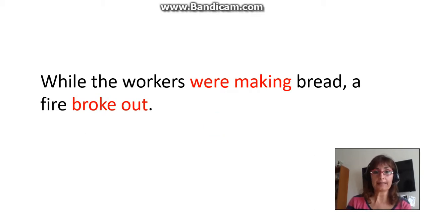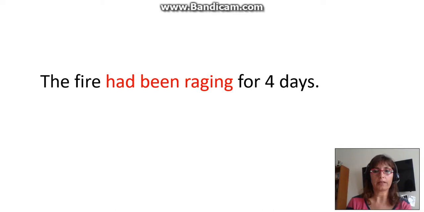Let's see another tense that's very useful in a narrative, in a story. The fire had been raging for 4 days. This is called past perfect continuous. You will notice that it's similar to present perfect continuous, the one we saw in Unit 1. Look at the form.